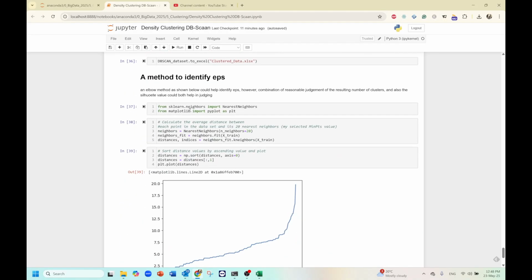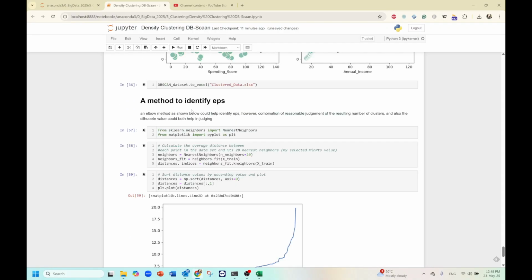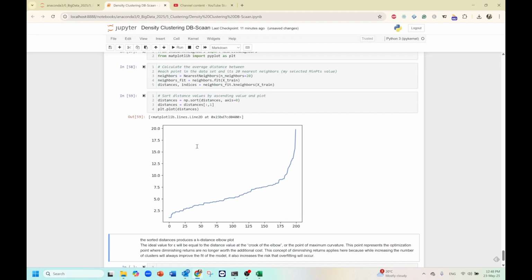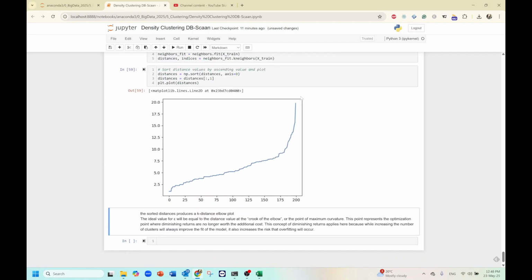And there's another method that can be used to identify the best epsilon. We call it the elbow method, and it brings you here. I will talk about it a little bit in class. Basically this is the data points 0 to 200, and you take a look here. What is the value that corresponds to the elbow?